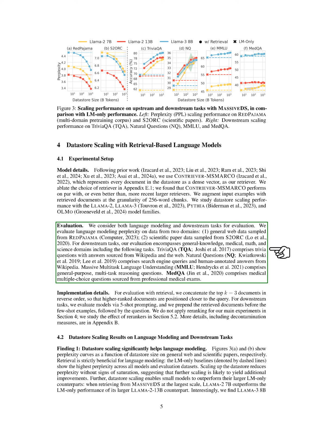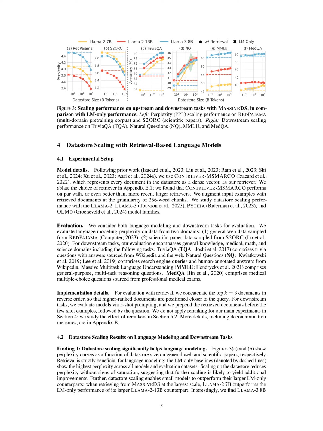from professional medical exams. Section Summary. In this section, we introduce MASSIVEDS, a trillion-token datastore that integrates both high-quality domain-specific data from various sources and general web data from common crawl snapshots.